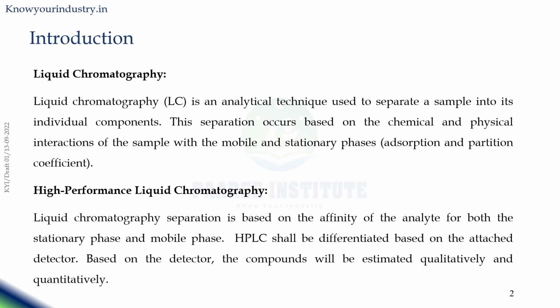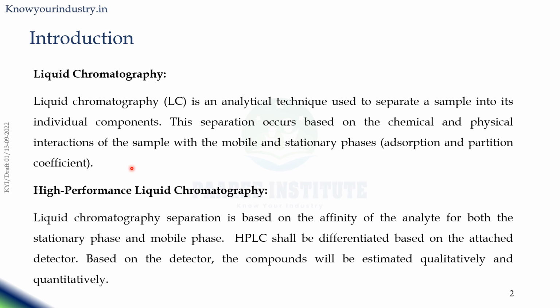Liquid chromatography, as we have seen the principles in the previous module, is an analytical technique used to separate a sample into its individual components. You are separating the individual components by using the liquid chromatographic technique, and this separation occurs based on the chemical and physical interaction of the sample with the mobile and stationary phase.